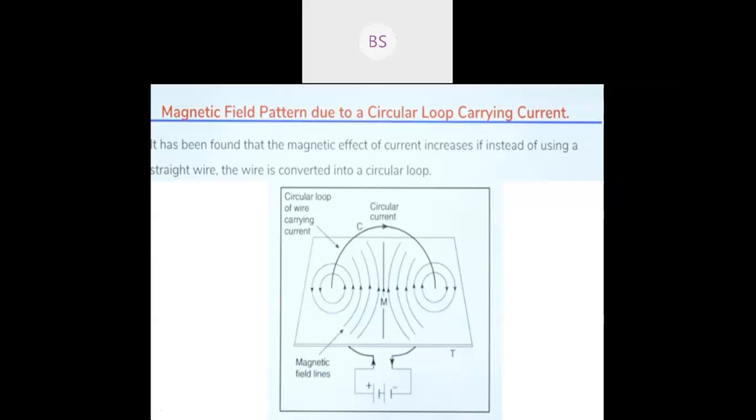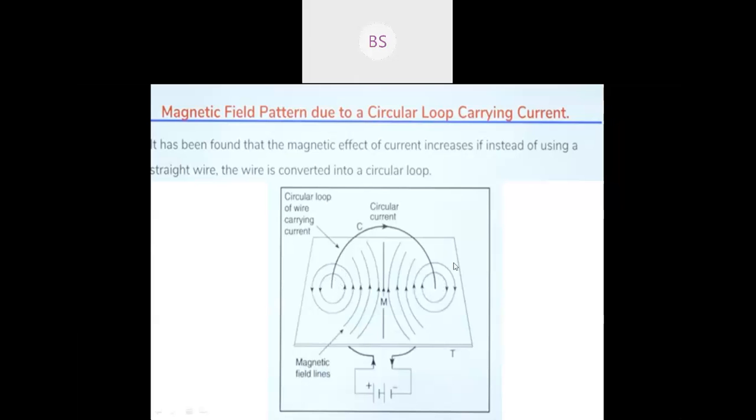Okay. So the same experiment we can do here also. For this, what we have to do is take a piece of thick wire and bend it in the form of a loop or a coil. This coil passes through 2 points. If you consider this point as P, and one more is point Q. Okay, it passes at 2 points, P and Q, through a horizontal cardboard.